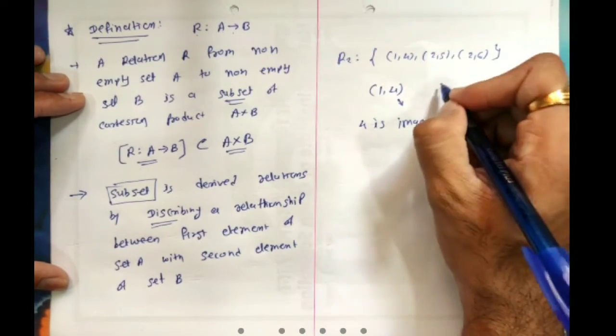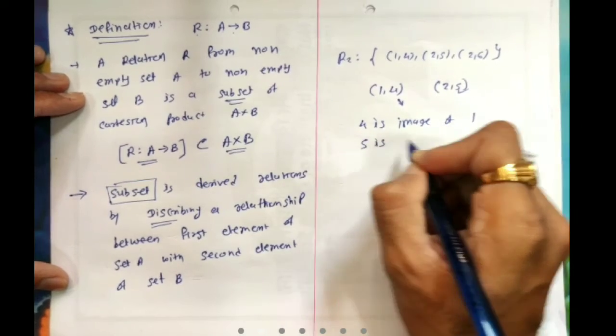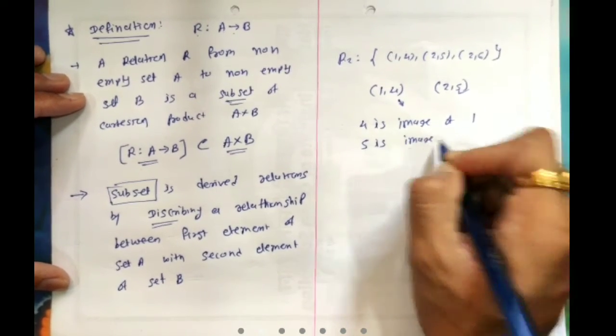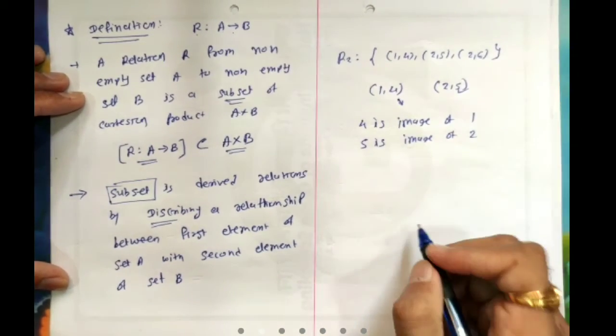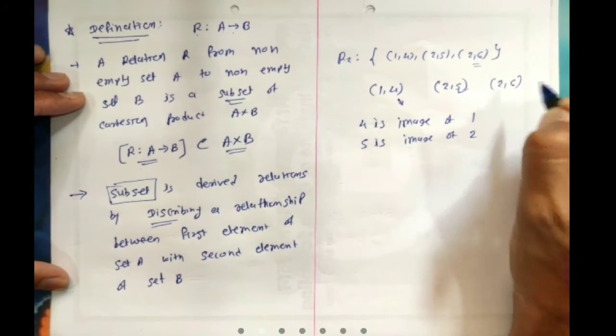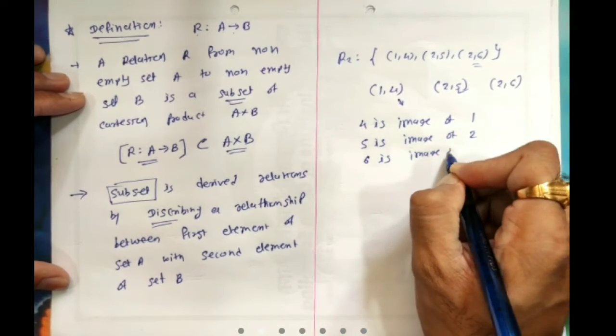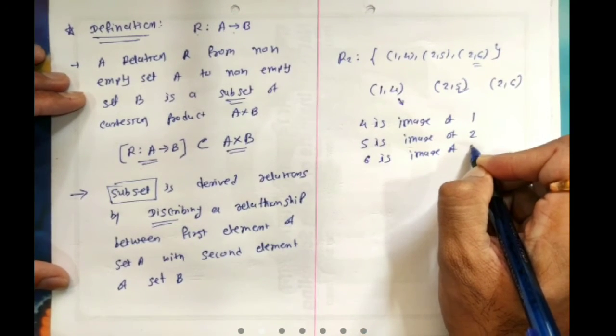Second ordered pair, which is (2, 5): here 5 is said to be an image of element 2. For this ordered pair, (2, 6), you can say that 6 is an image of element 2.